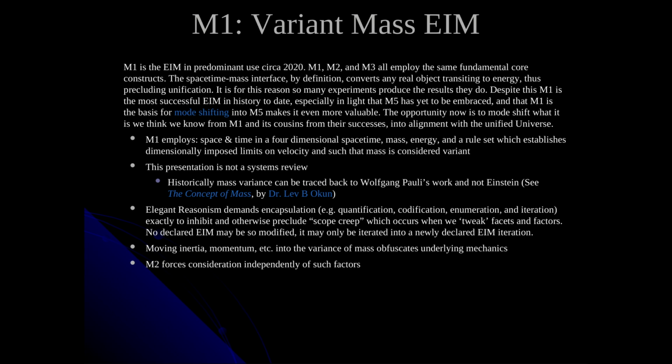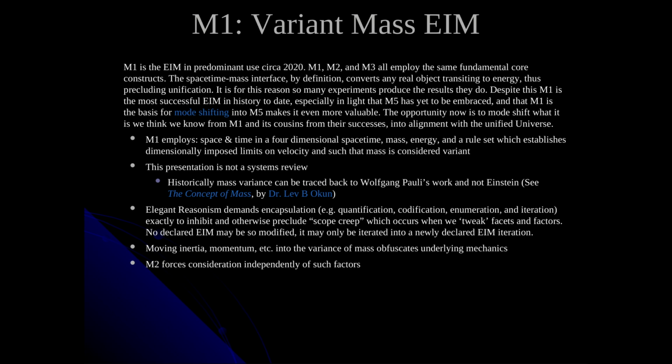Any little tweak that you do at the bottom, in any one of those little details, has massive implications when it flows back up through the abstraction layers into the human levels, where we're at what I call human scale, and then out to the cosmological scales. So we need to be very careful about that. We need to preclude scope creep.